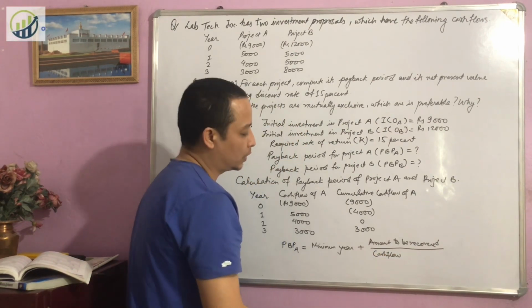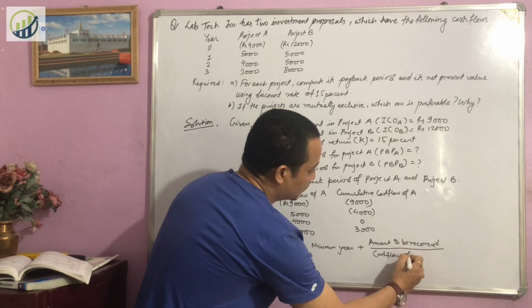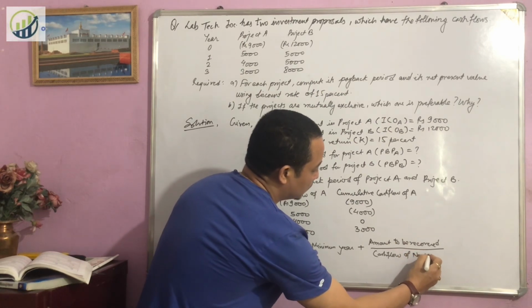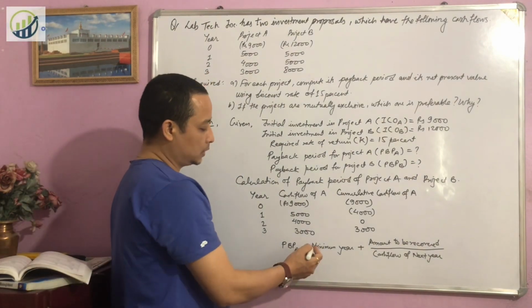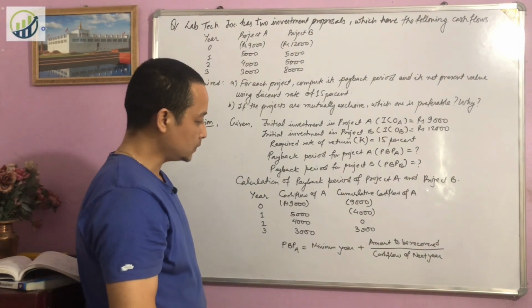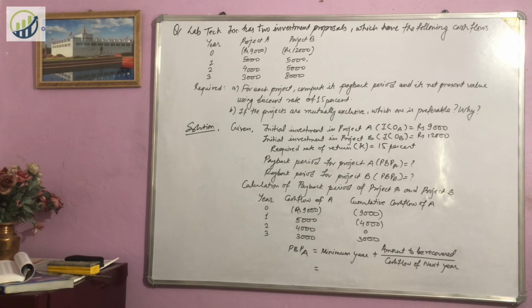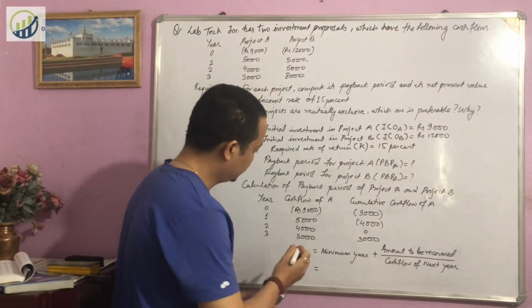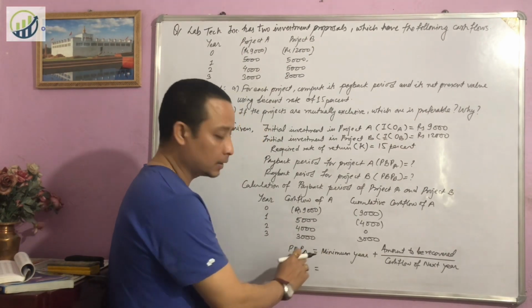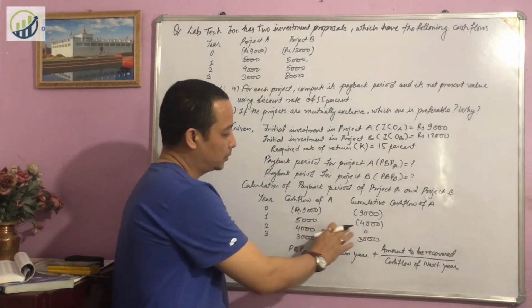The minimum year is the year before the cash flow becomes positive.